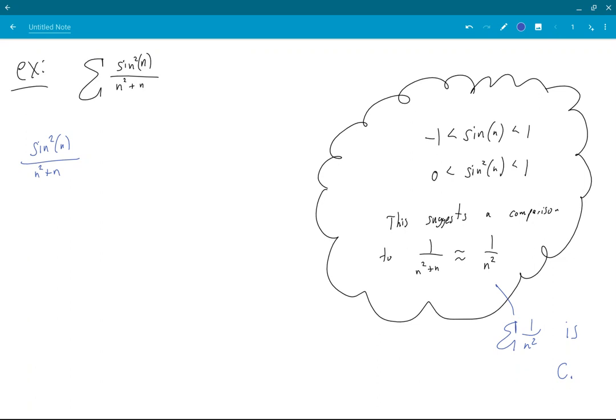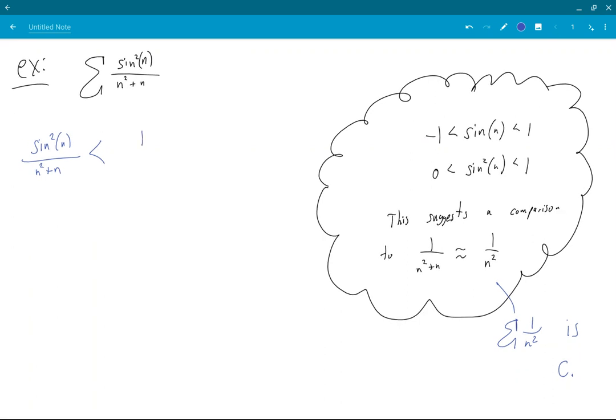Gotta be very careful. I wanted something bigger. The thought bubble tells me that I'm expecting convergence. So that's worth repeating. The thought bubble tells me I'm expecting convergence. And if I'm expecting convergence, then my inequality should be going this way.